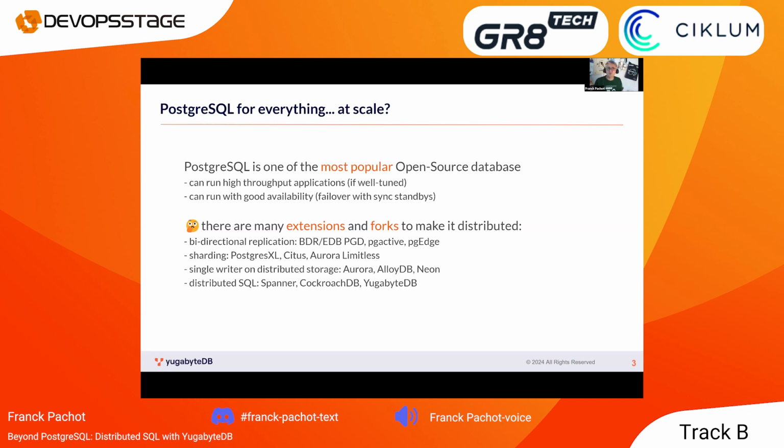There are also some solutions that still use a fork of the monolithic Postgres, but they have distributed the storage behind it, like Aurora, AlloyDB, Neon, distributed to a cloud native storage, but still a single instance.